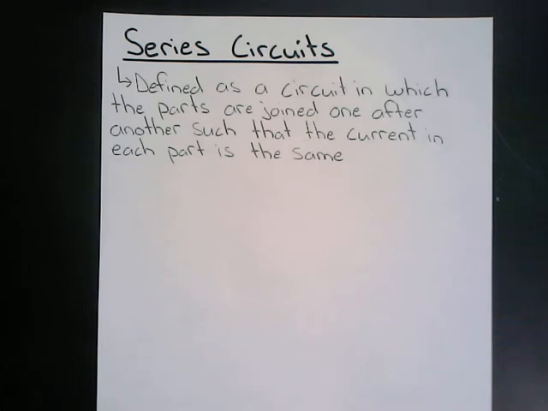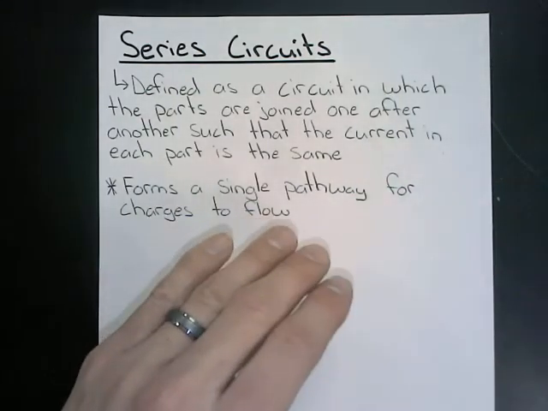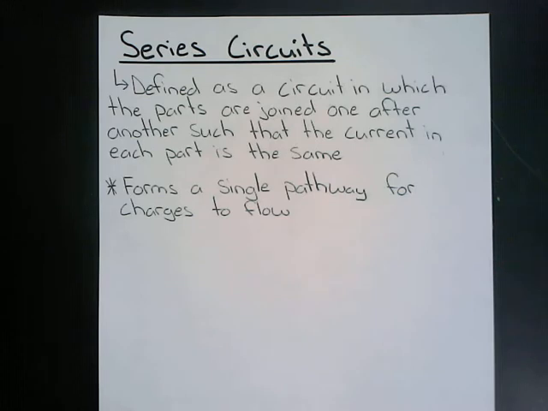Now, it's important to know that in a series circuit, the path of the current is going to have a single pathway with the direction of those charges of flow. And so this is a really important statement because if we have a single pathway for the charges to flow, the current is going to be the same for each device in the circuit.